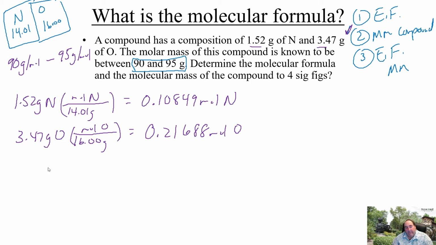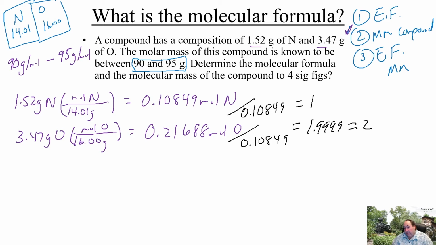Once again, after we convert to moles, we're going to divide by the smallest, which looks like nitrogen in this case, 0.10849. Dividing 0.10849 by itself gives us a 1 there. Then 0.21688 divided by 0.10849 gives us 1.9999, pretty darn close to 2. That gives us an empirical formula in this case of NO2.